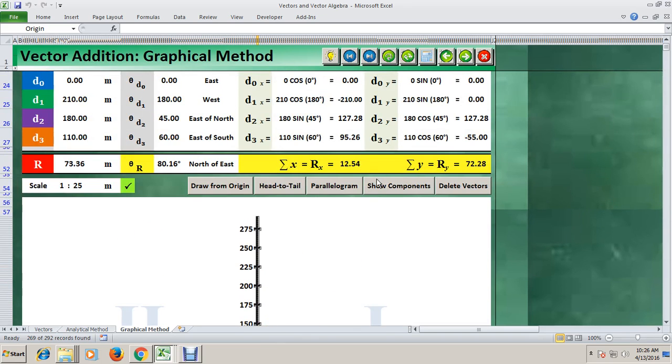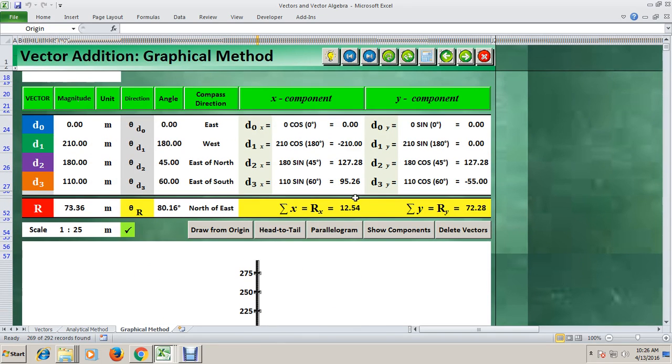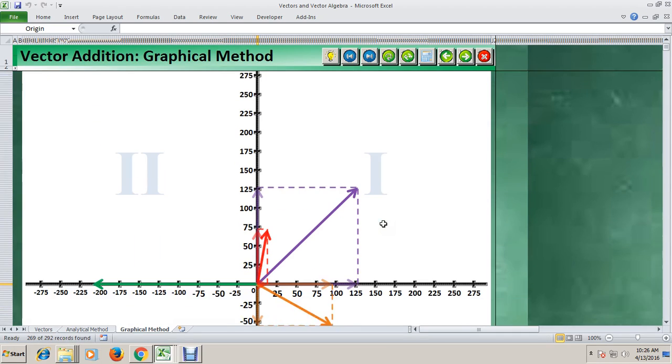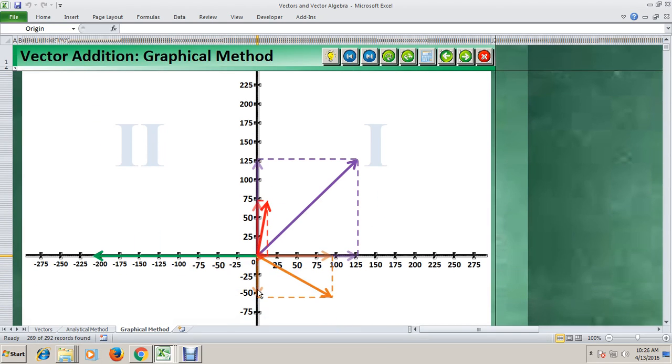Of course, between the x component and the y component, the shorter leg of the vector is the y component, and the longer leg would be the x component. Just as we can see in the drawing of the vector, the y-axis is the shorter leg, and the x-axis would be the longer leg.